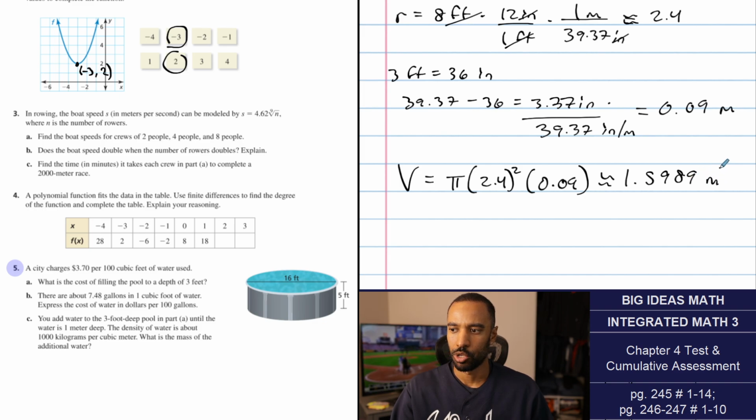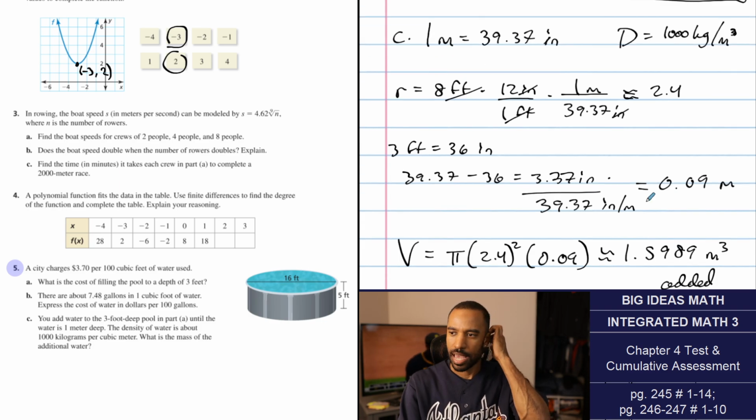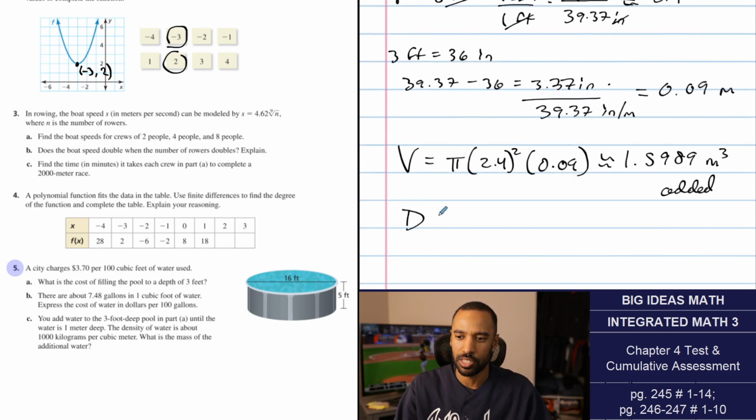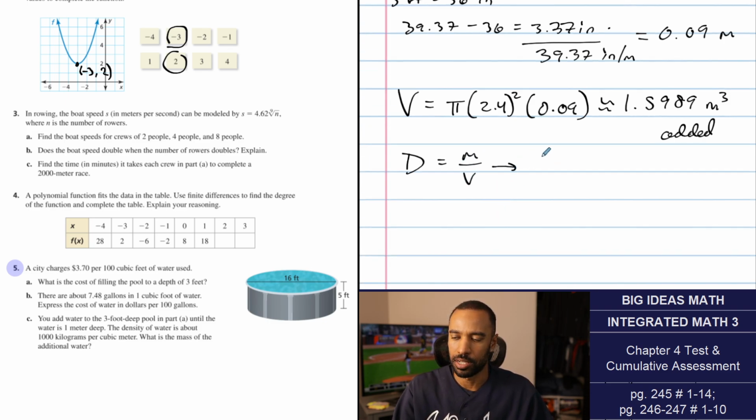1.5989 cubic meters added. Now they said density was about 1,000 kilograms per cubic meter, and density is mass over volume. So we have 1,000 kilograms per cubic meter equals this unknown mass over 1.5989 cubic meters.